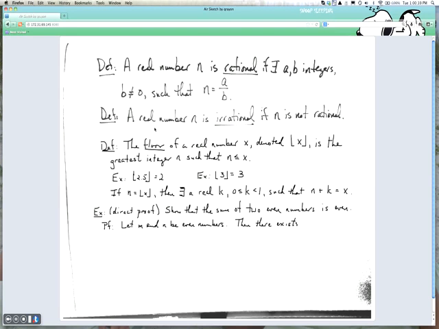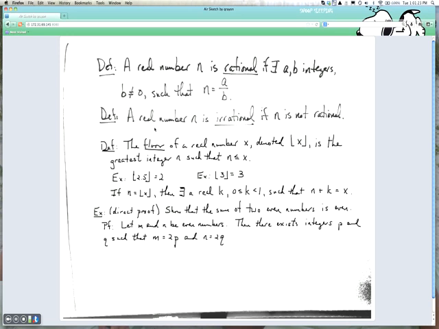And there exist integers, maybe P and Q, such that m is equal to 2 times p, and n is equal to 2 times q.